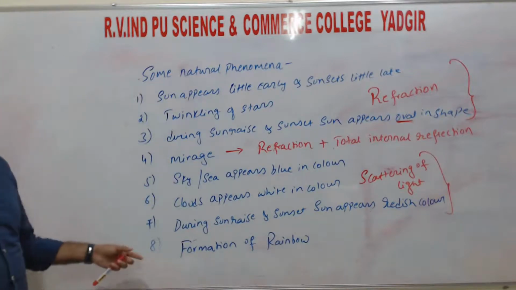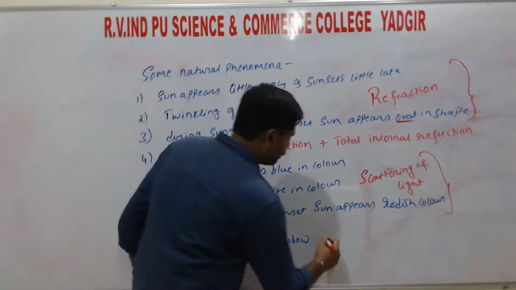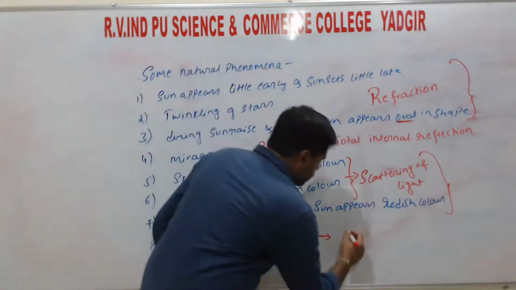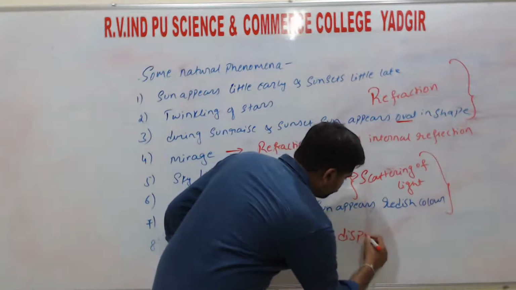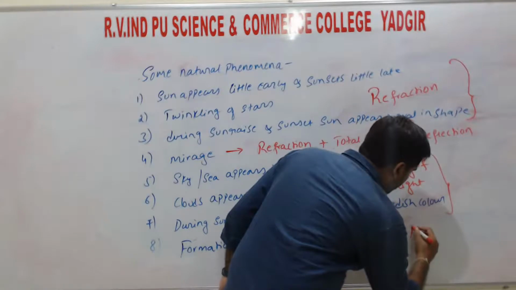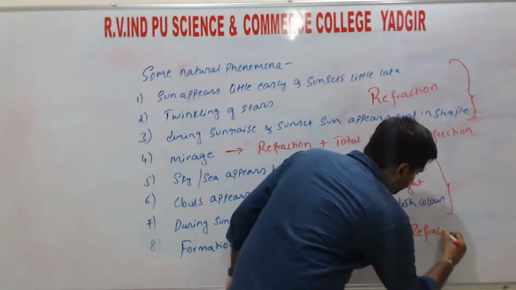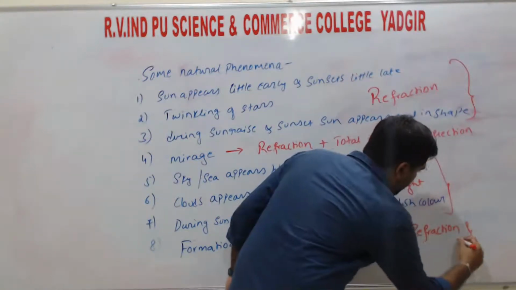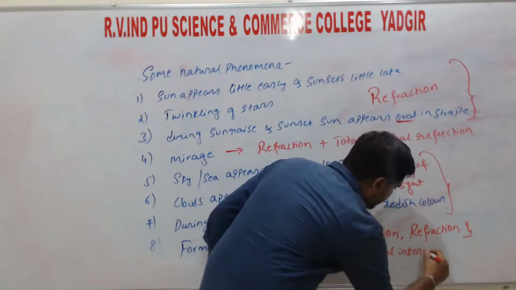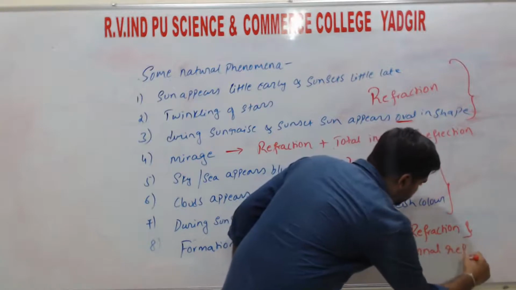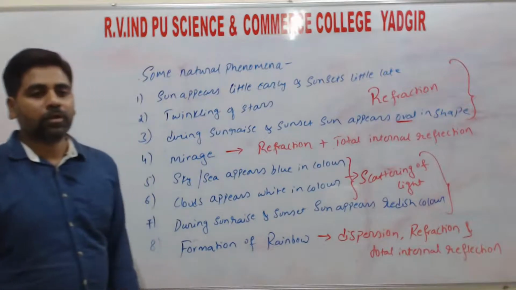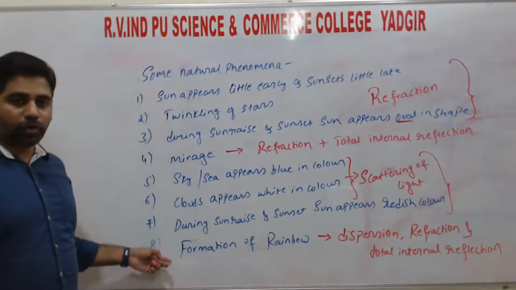The formation of a rainbow is due to dispersion, refraction, and total internal reflection, right? So these are the 8 natural phenomena.